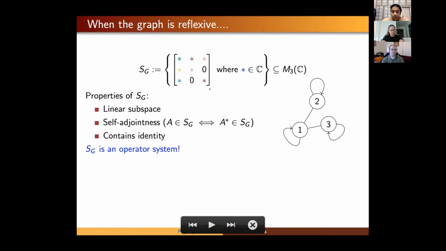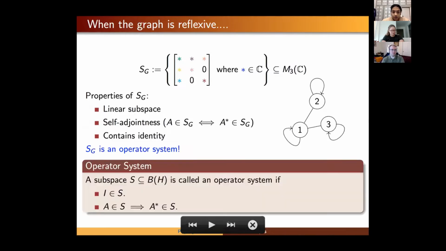So now to summarize the properties of this set, it is first of all a linear subspace. Then secondly, it's going to be closed under adjoint because I'm assuming that my graph is undirected. And then since the graph is reflexive, it's going to contain the identity. So in summary, it's going to be an operator system in this matrix algebra.